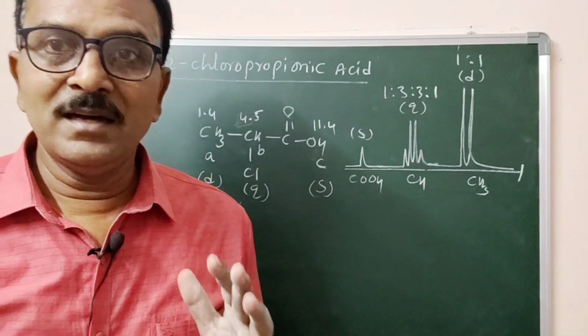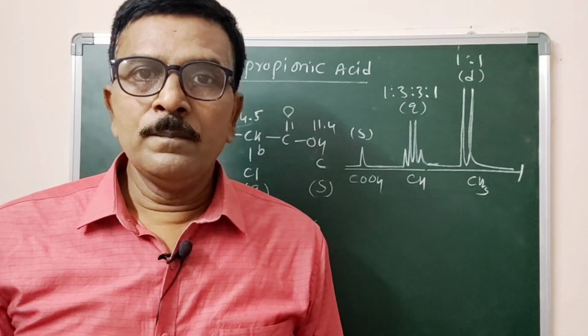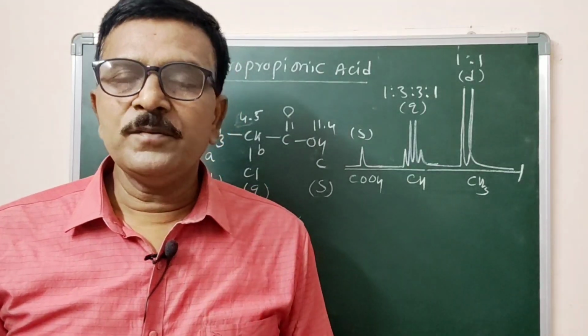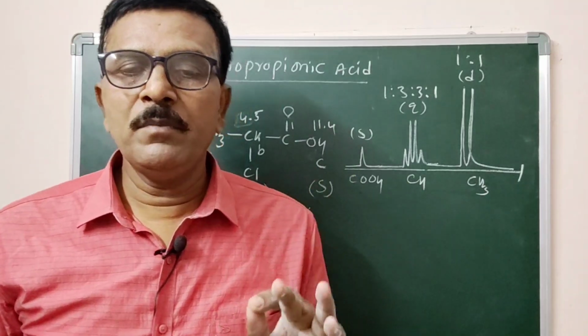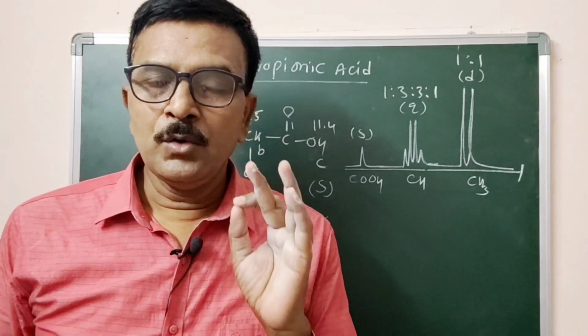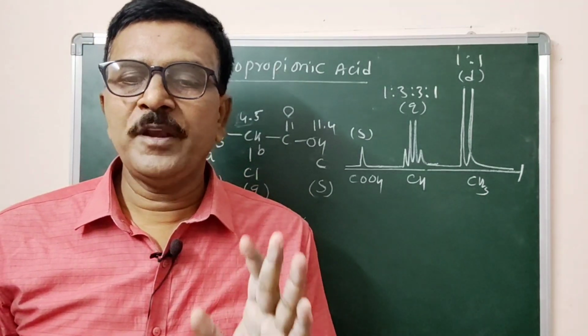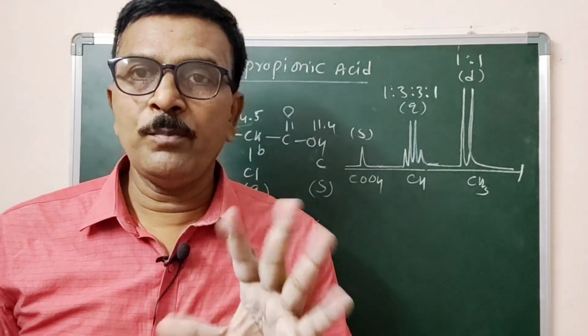So these are the examples of organic molecules included in the syllabus. In NMR, according to the syllabus, you have to study the NMR spectrum of ethyl acetate, 2-butanone, mesitylene, paracetamol, aspirin, ethyl benzoate, benzyl acetate and 2-chloropropionic acid.